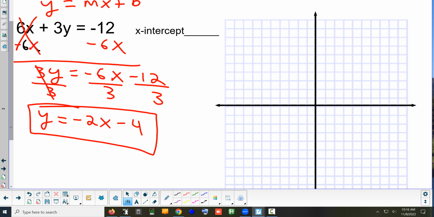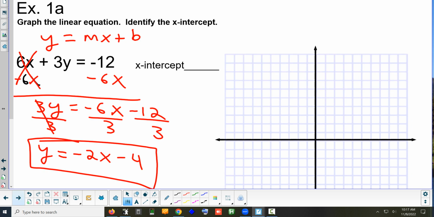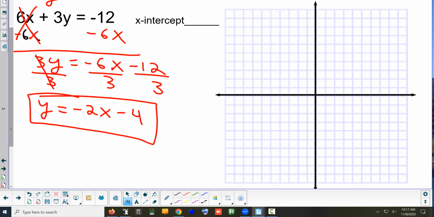Okay, so we got step 1. What's step 2? On notes we just put: graph the y-intercept on the y-axis. Oh, y-axis. Okay, what's my y-intercept here?